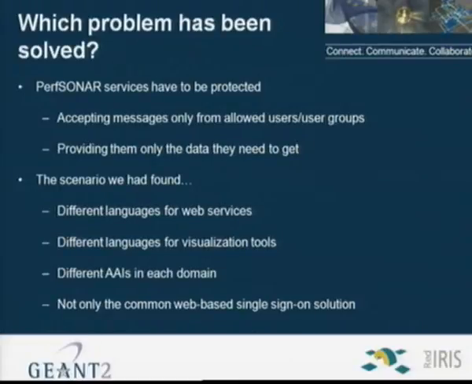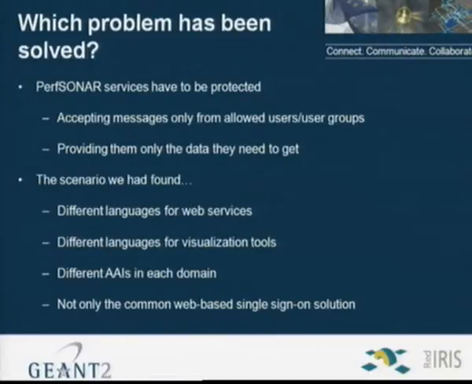So our analysis showed that we have a very fun scenario, because we have different languages for web services, and different languages for visualization tools. I think there is one visualization tool in Java, another one in PHP, and another one is Perl scripts.